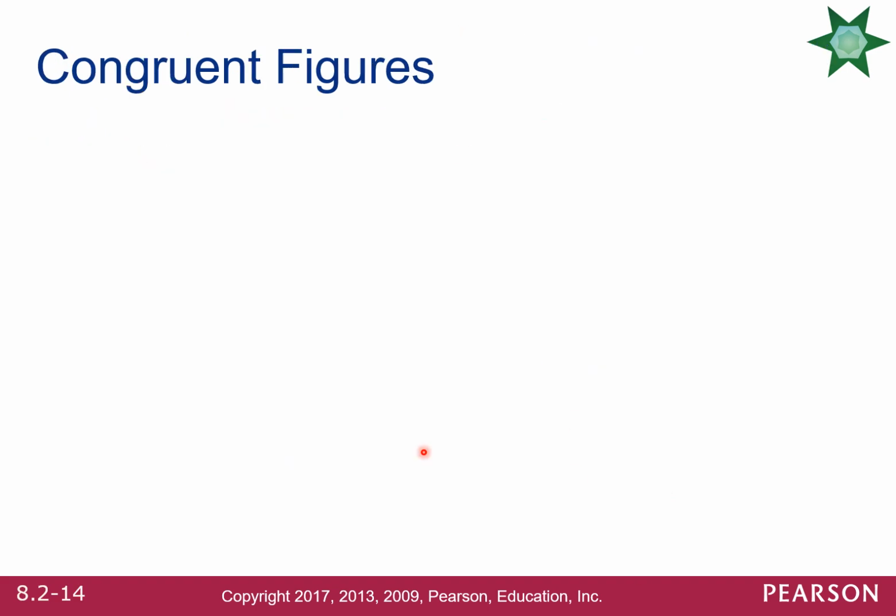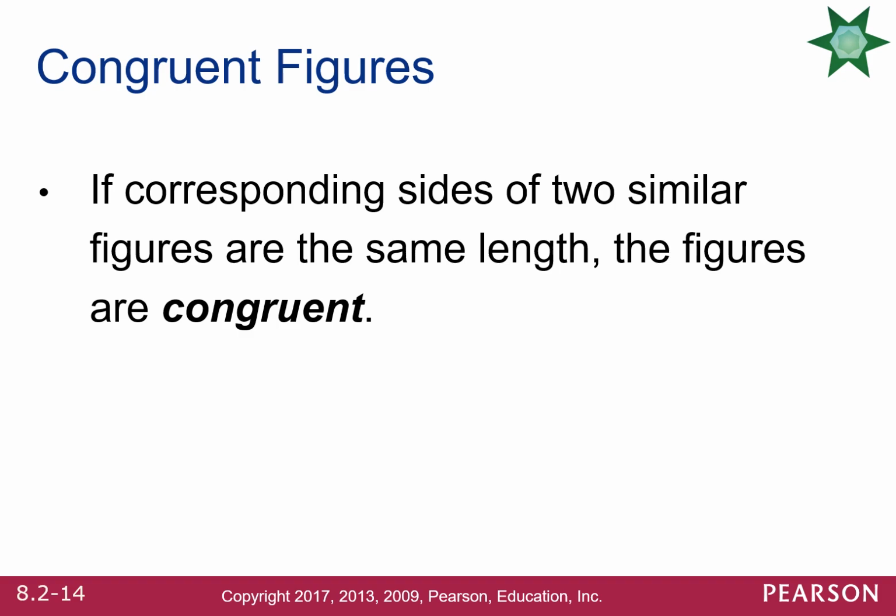Now let's talk about congruent figures. So in similar figures, we saw that the angles of two triangles are all the same, but the sides are not equal, but they are proportional. The corresponding sides are proportional. In congruent figures, the sides as well as the angles all are equal.